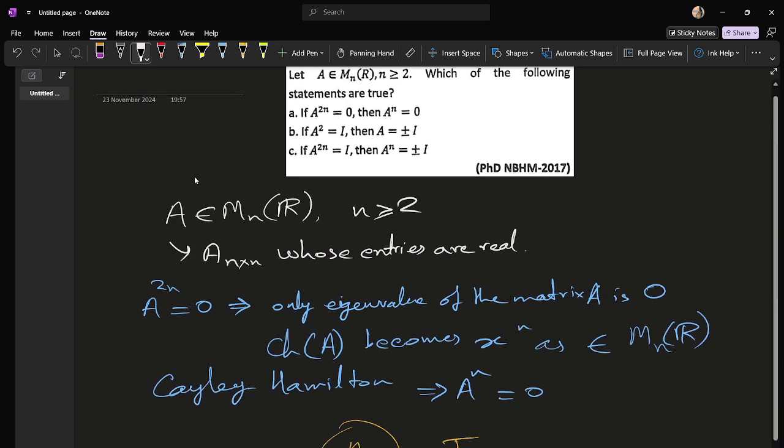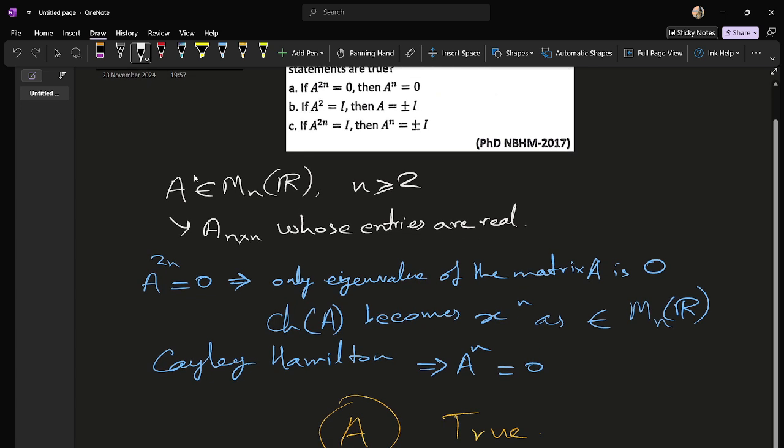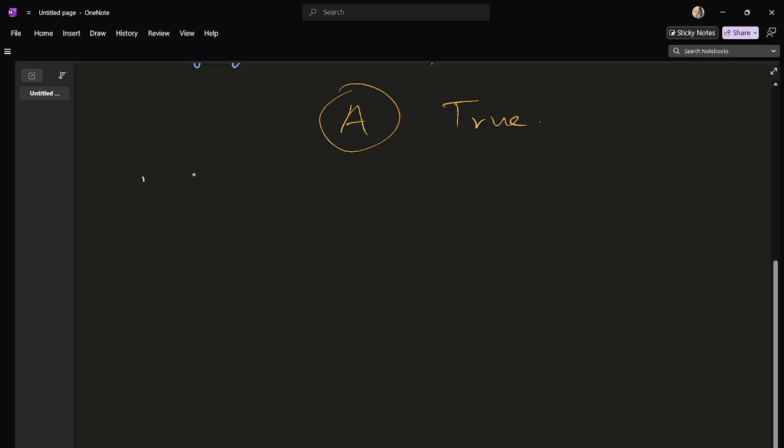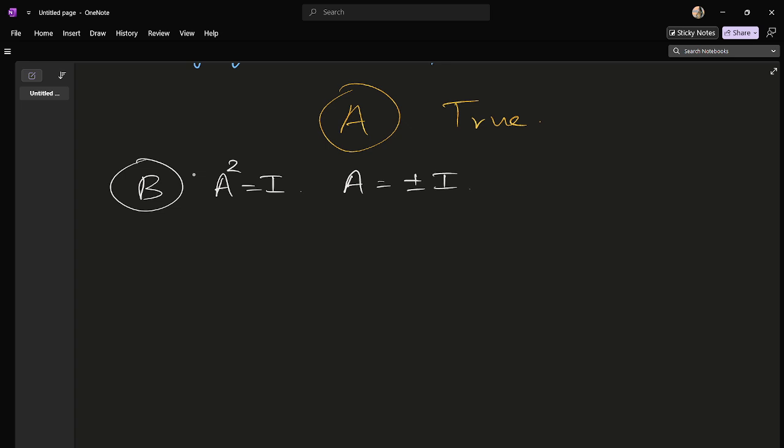Option B tells us that if A square is identity, then A is equal to plus I or minus I. We can take a counterexample.